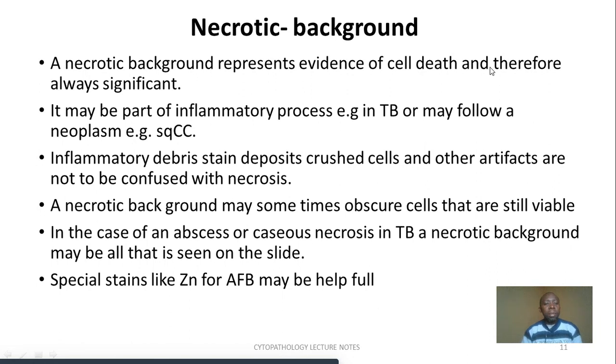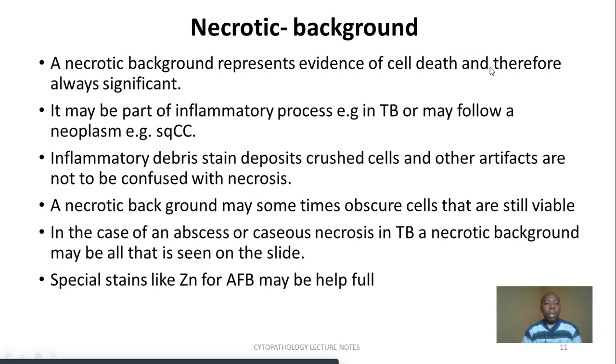Sometimes, like in cervical cytology, you may find a number of necrotic cells appearing, like in inflammatory vaginosis, and these may obscure the nucleus of the cells, so we cannot draw conclusions.